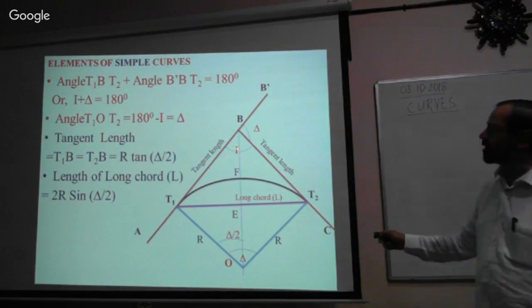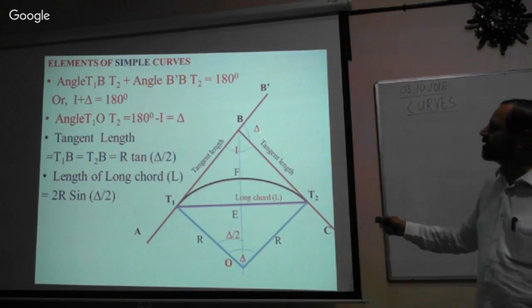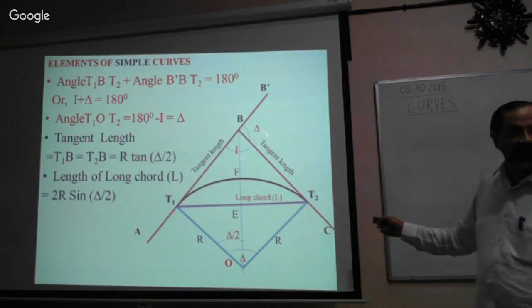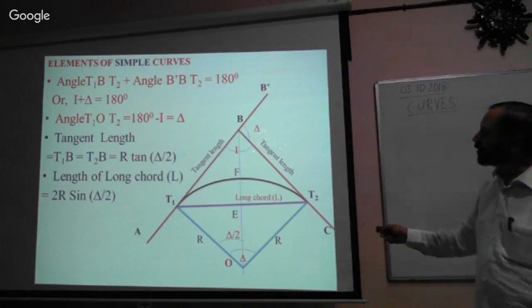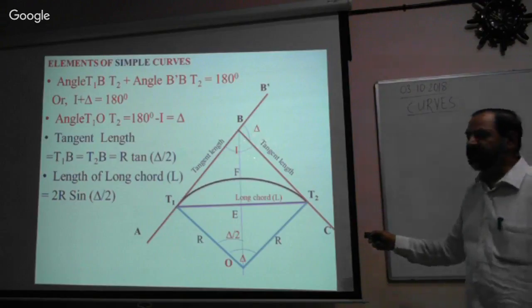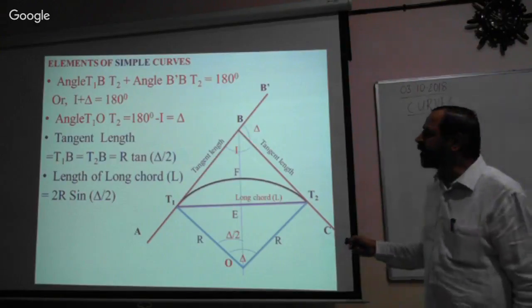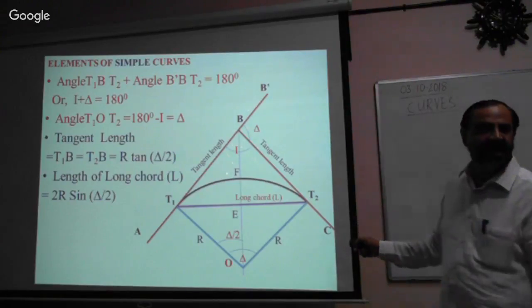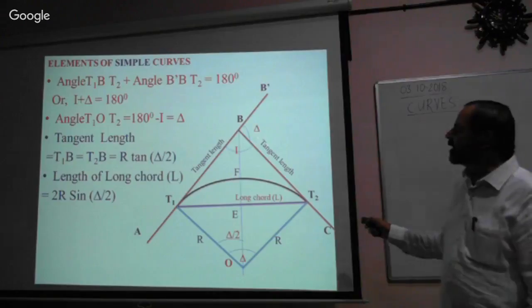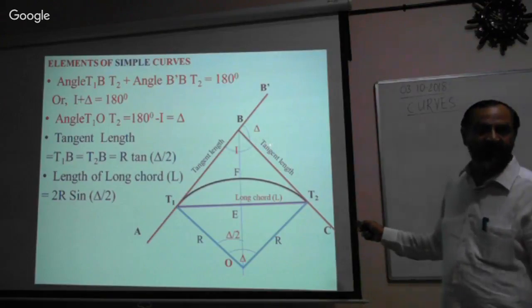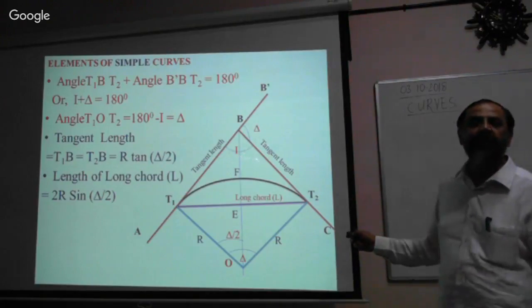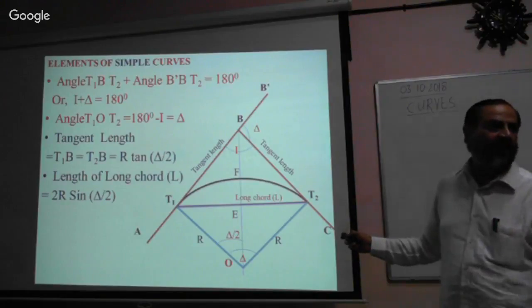This is the intersection angle, and this is the deflection angle. The sum of these two, delta plus I, is equal to how much? It becomes 180, because it is a straight line. Deflection angle plus intersection angle is equal to 180 degrees.